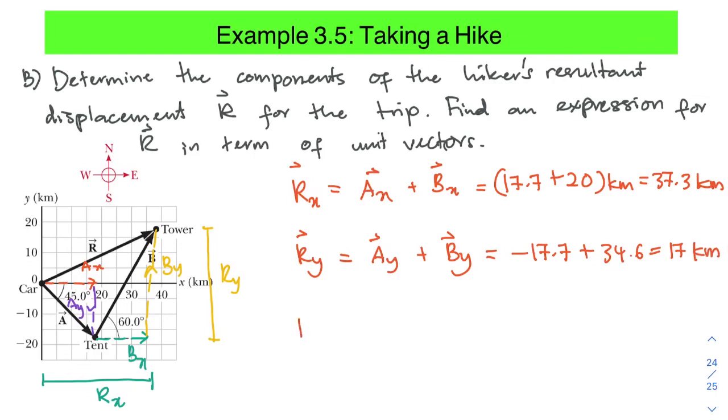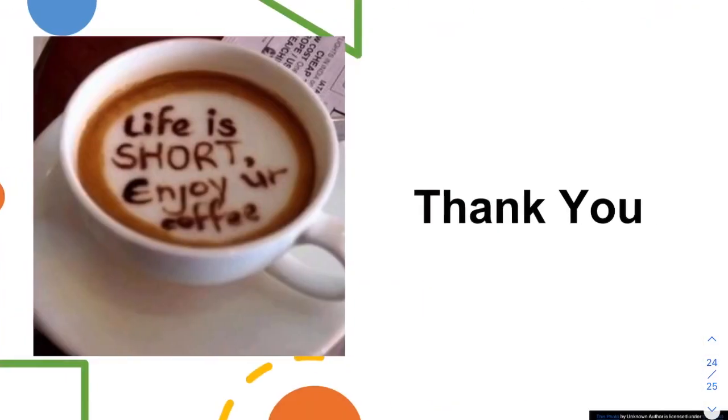So in terms of unit vector, your resultant will be 37.3i plus 17.0j kilometer. That is how to answer this question.